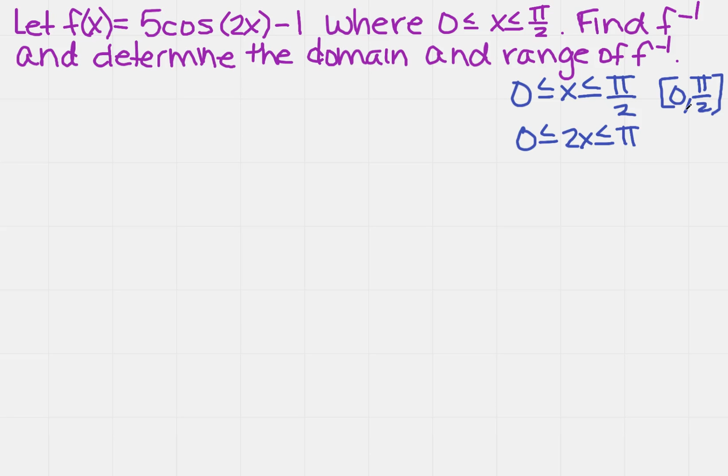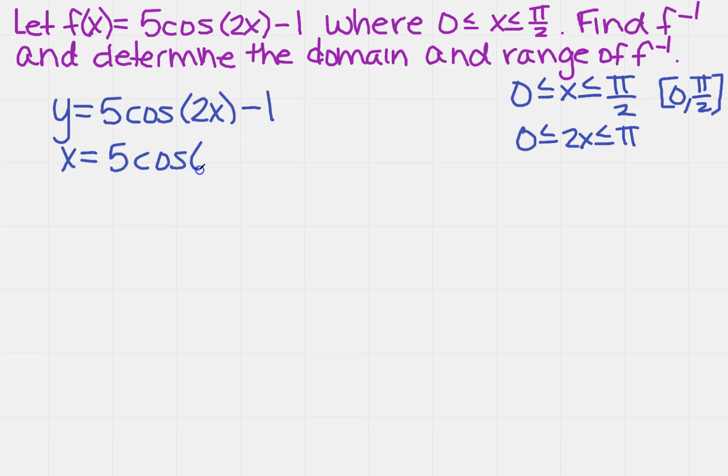Now, the other thing that we need to look at is we have the function, right? So we need to figure out how we can solve the function. Well, if I have y equals 5 cosine of 2x minus 1, if I want to find the inverse, what do I have to do? Well, I have to interchange x and y. So this now becomes x equals 5 cosine 2y minus 1.